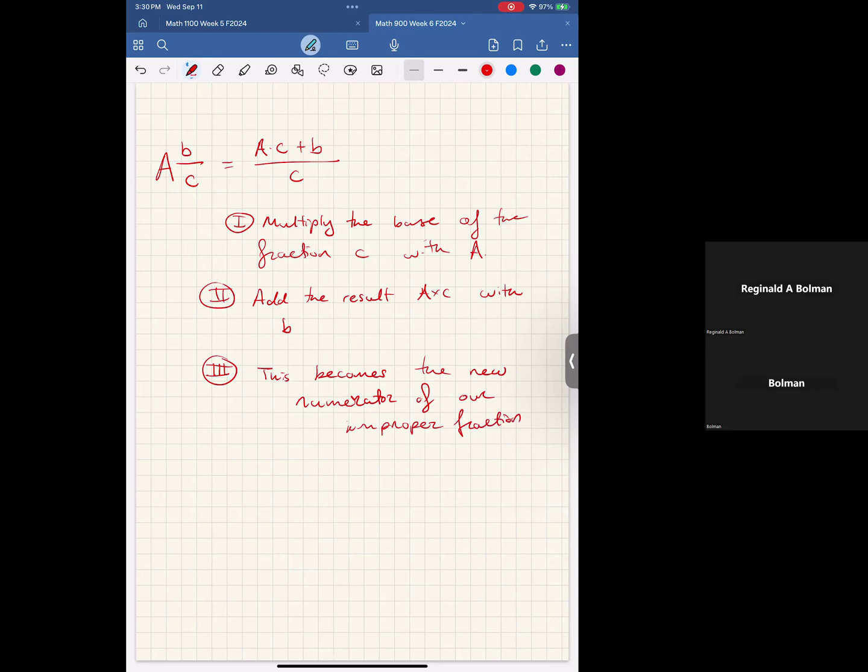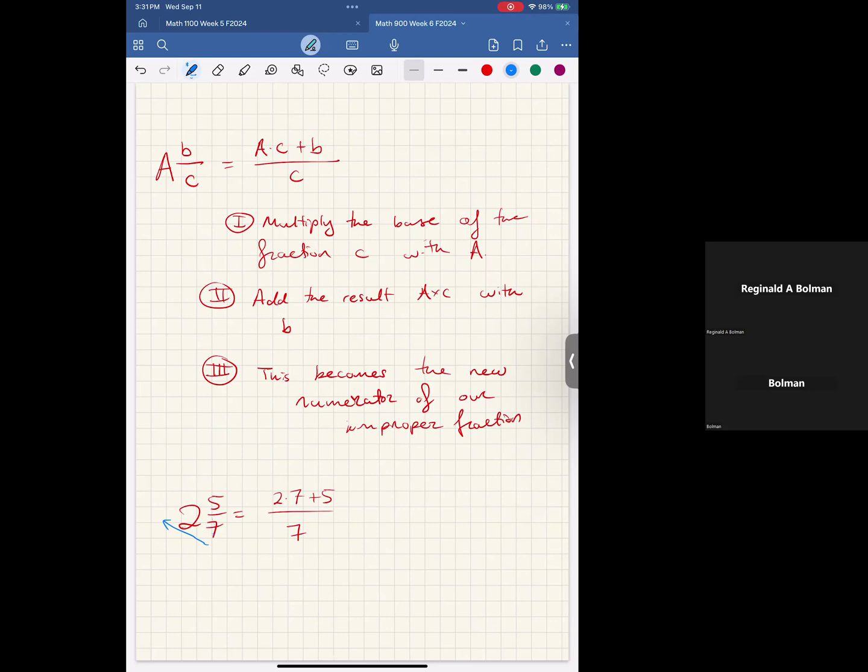So as an example of this, 2 and 5/7 is going to be the same thing as 2 times 7 plus 5 all over 7. It's that simple. Now, how to do that easily? You can think of it as two separate operations. You're going to take the base of your fraction, which in this instance is 7.